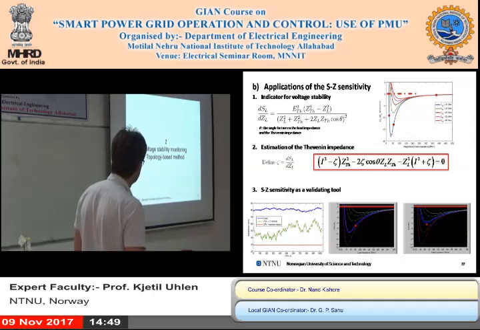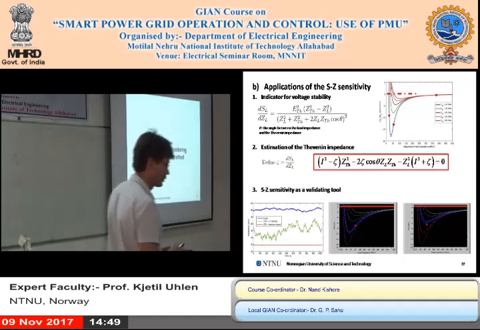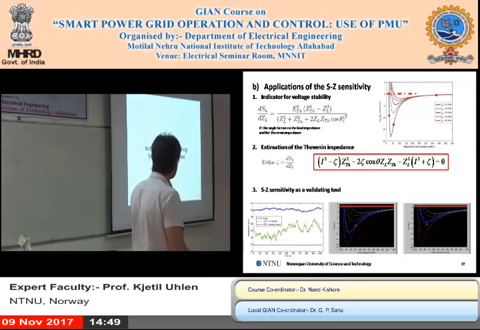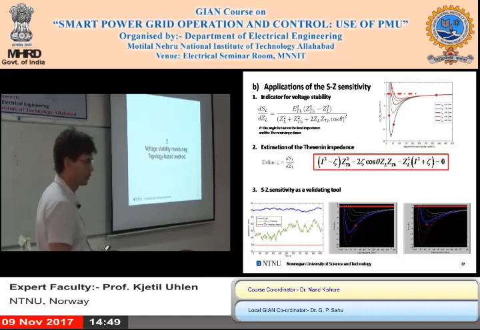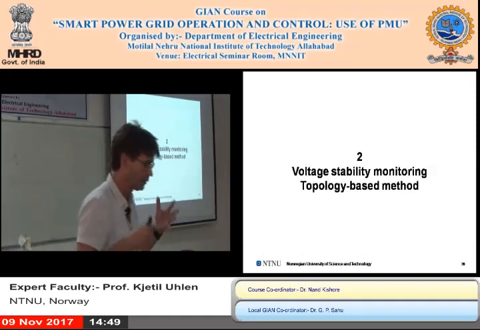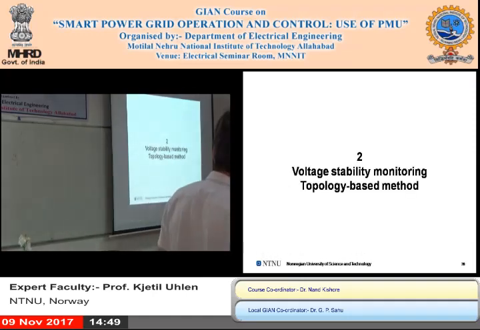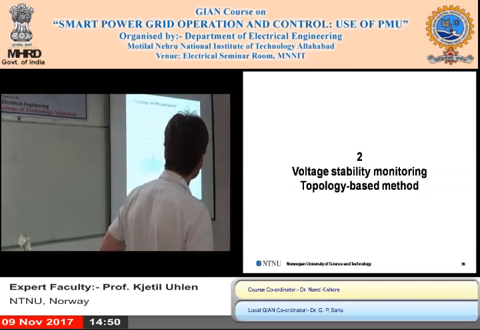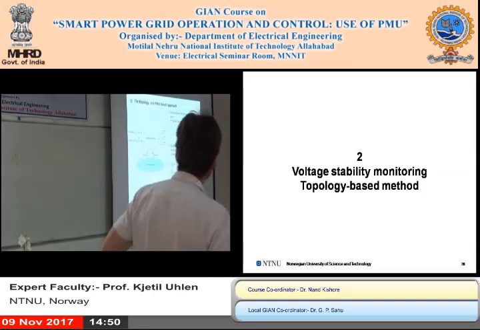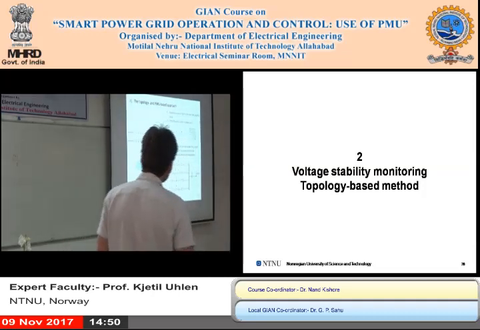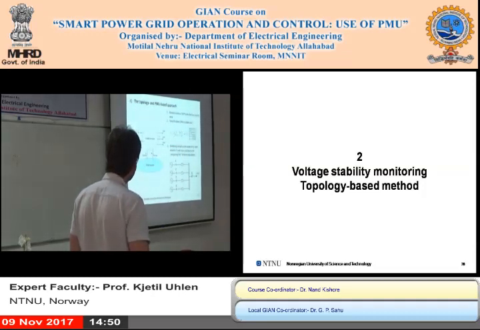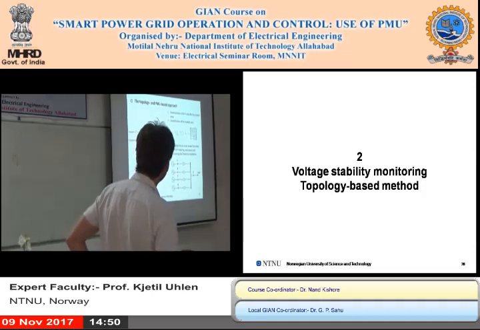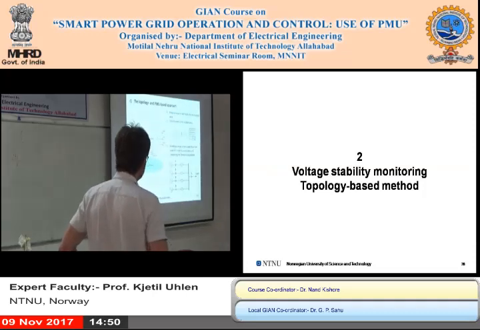A few words about another method. We come back to showing some result of this. We can also, to a certain degree, use that you know the topology of the grid when you do the voltage stability monitoring. And this is one example about the approach here.